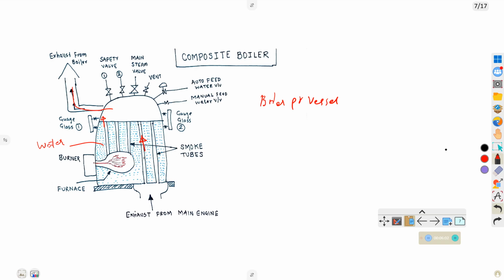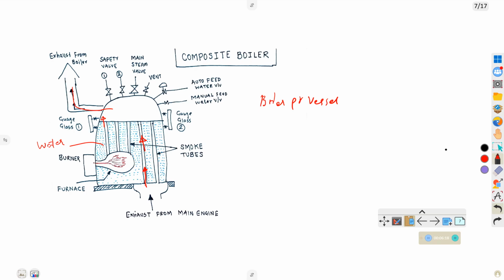These are the smoke tubes. So we have differentiated water tube and smoke tube: since smoke is going through these tubes, it is a smoke tube boiler.